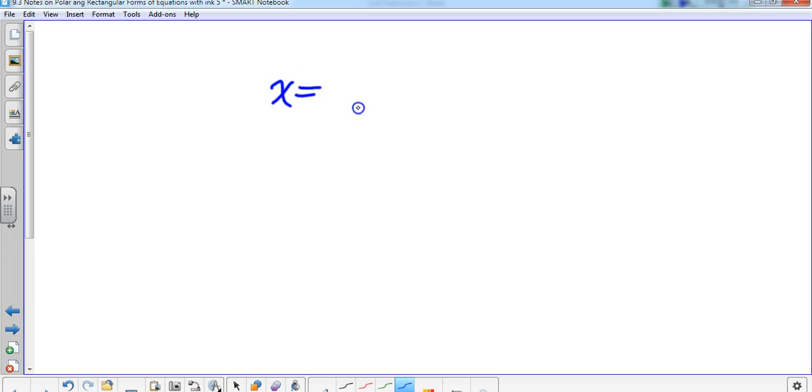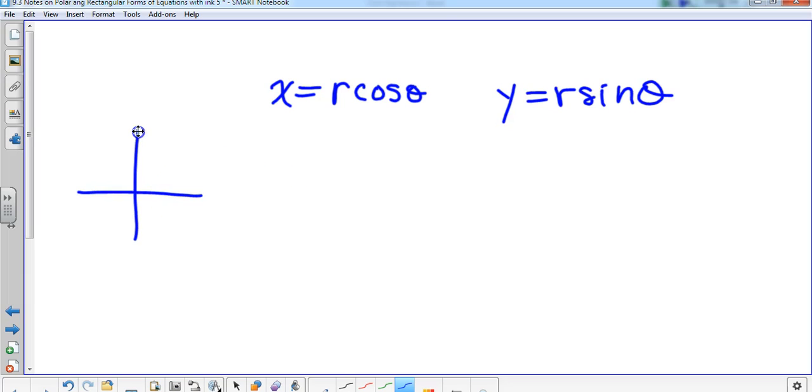X is equal to? Good job. Y is equal to? Okay. But if you have an X and a Y, how do you find R? If you have an X and a Y, how do you find R?